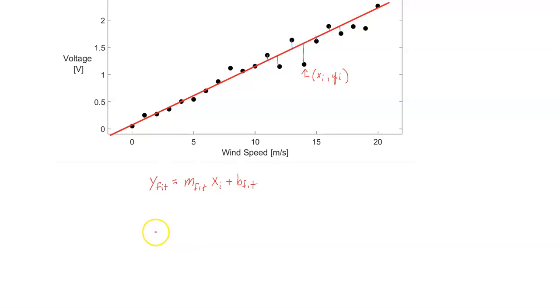So if we developed that variance estimator, it would look something like this. That variance estimator squared is s squared. And this should look pretty familiar to you by now.